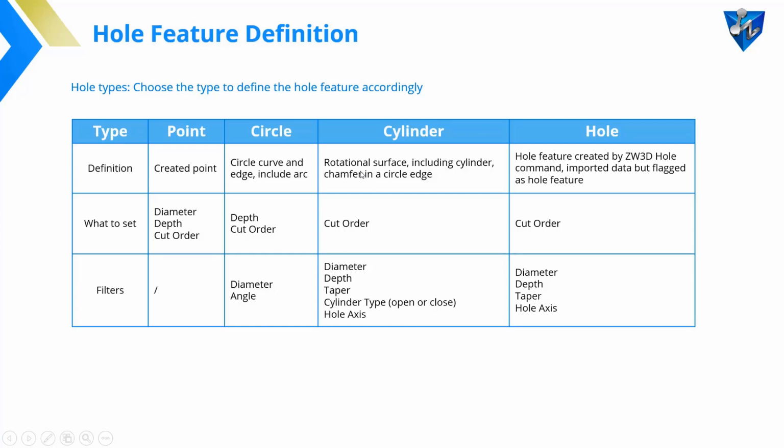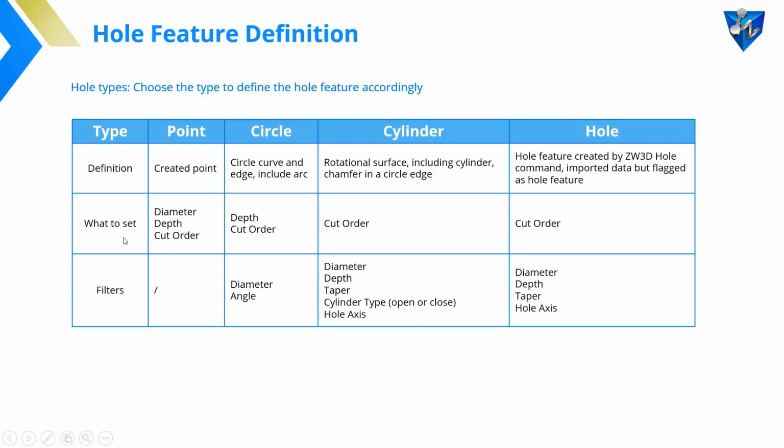Cylinder is the rotational surface, including cylinder and chamfer in a circle edge. And for the hole, we need to use the ZW3D hole command to create the holes, or for imported data, we need to use the flag hole to define the holes.